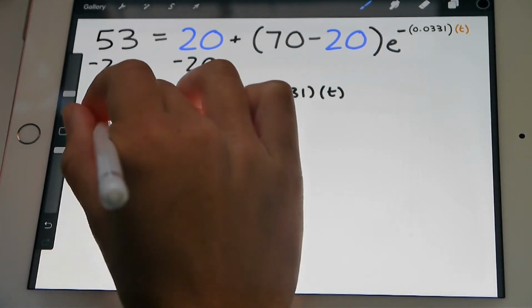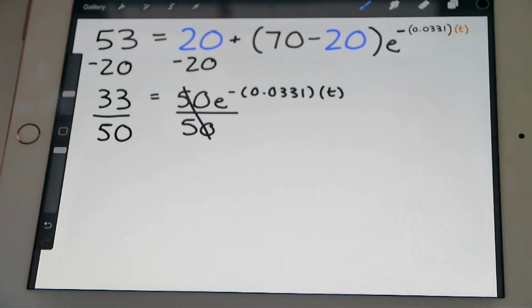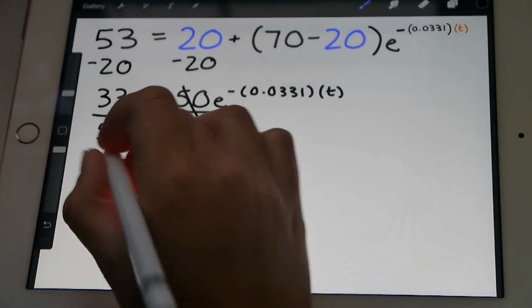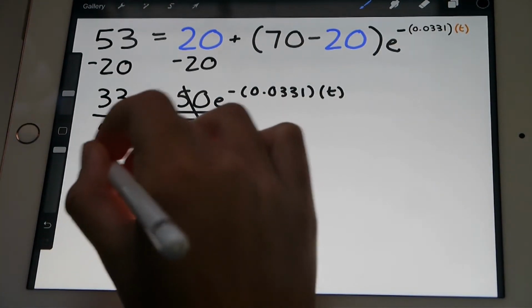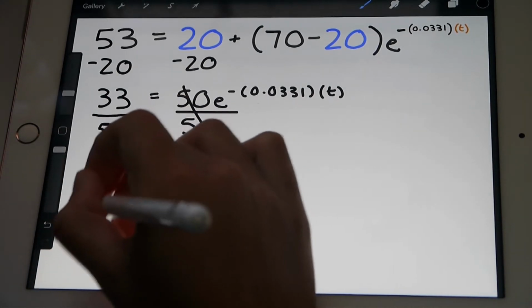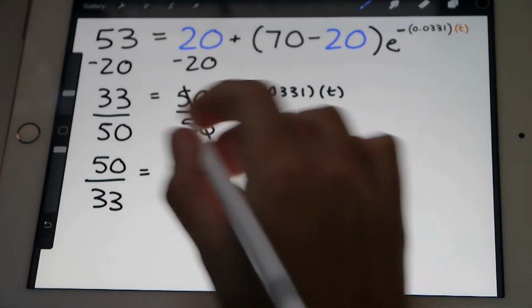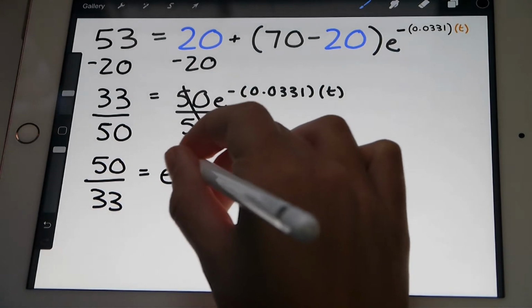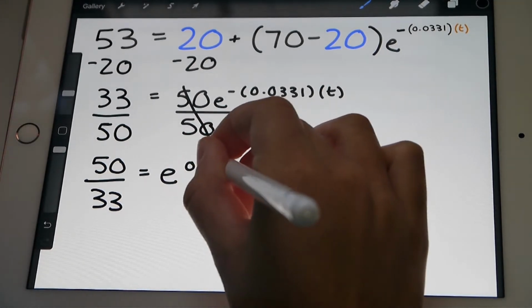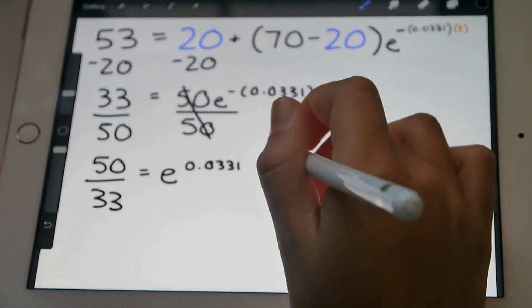Then we're going to divide by 50 on both sides, and because we don't like that negative exponent, we're just going to take the reciprocal of the other side, which is then going to leave us with 50 over 33 equals Euler's e to the power of 0.0331 times t.